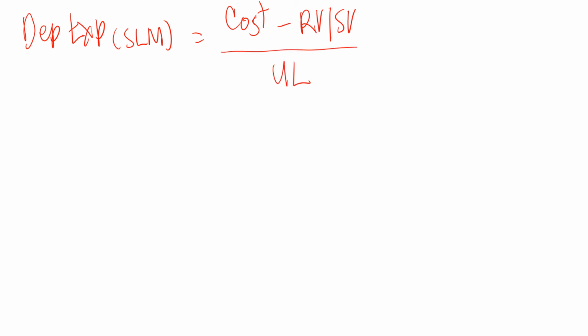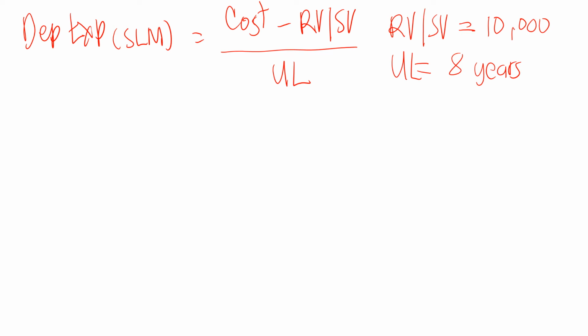To show you how to account for the life of the asset, let's make an additional assumption. For example, the residual value or the salvage value of this particular asset is 10,000. The useful life is already given in the problem. So this is 8 years.